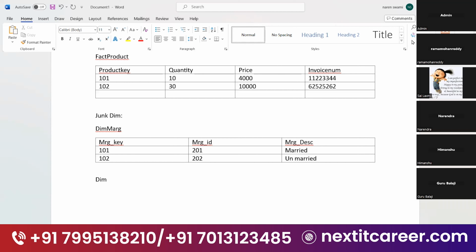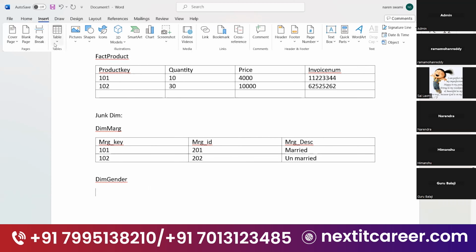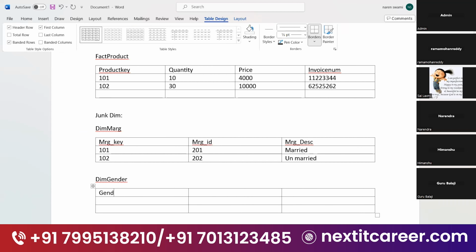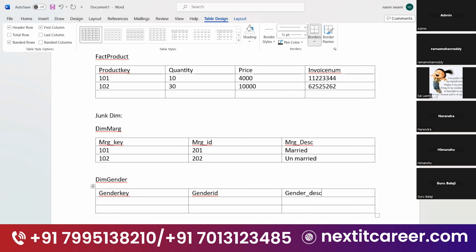Okay, and also dim gender. I'm taking these two tables. Dim gender will have columns like gender key, gender ID, and also gender description, something like this.